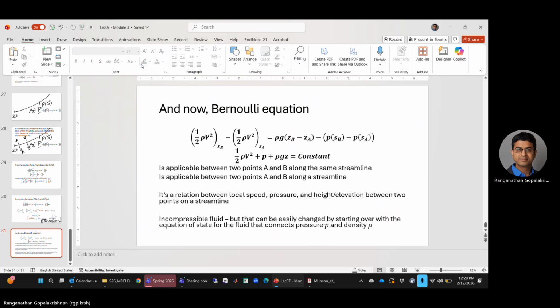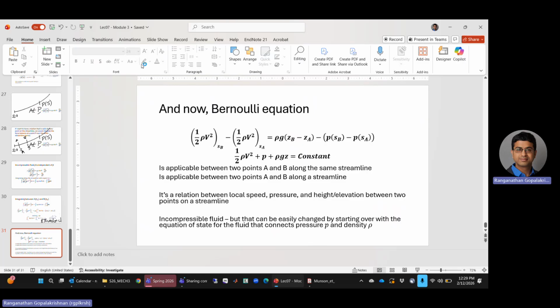And last point, we started by doing a force balance, correct? What is the unit of each term in this equation? Can you check and tell me? What is the unit of half rho v squared, pressure, rho gz? Firstly, they all have to have the same units. We are adding them up, literally adding apples and oranges if they don't have the same units. So what is that unit? It should be the unit of pressure, which is pascals.